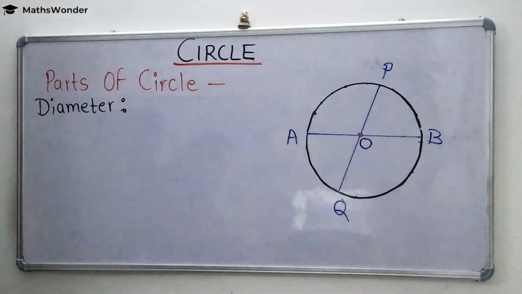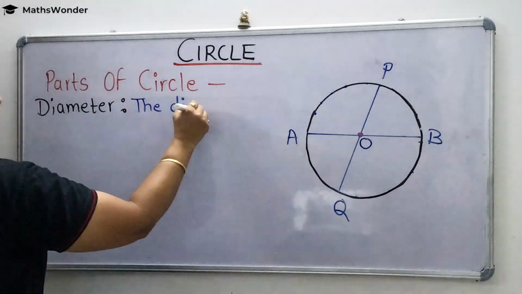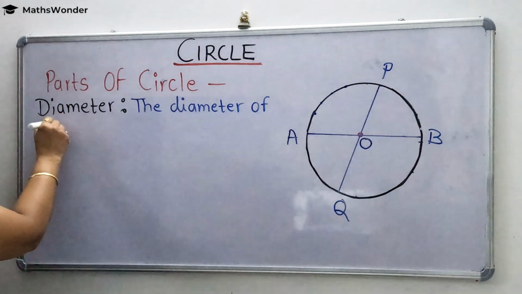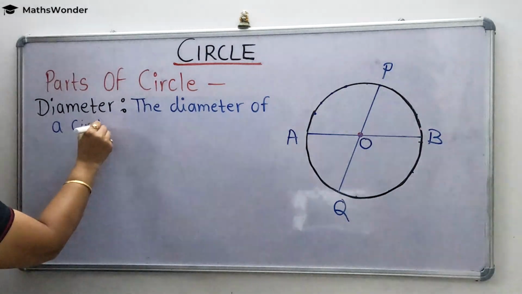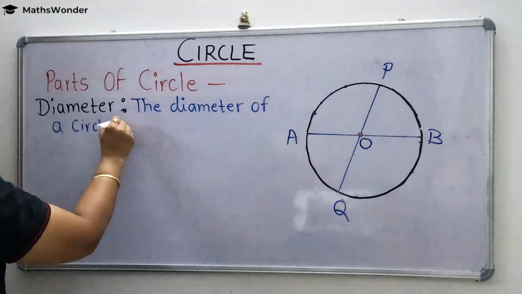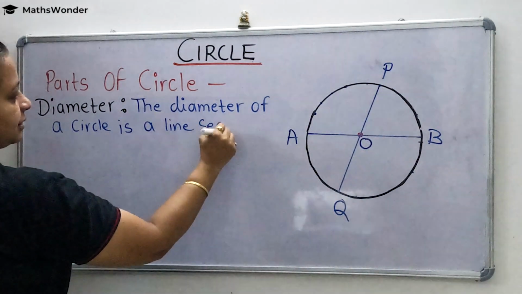So how will you write the definition? The diameter of a circle is a line segment. What is a line segment?